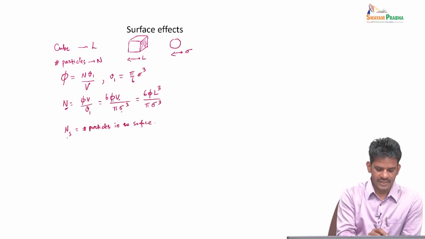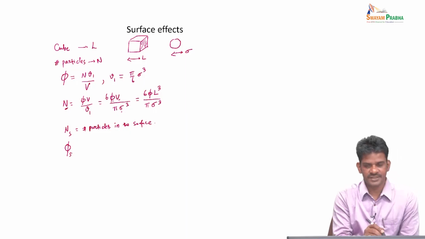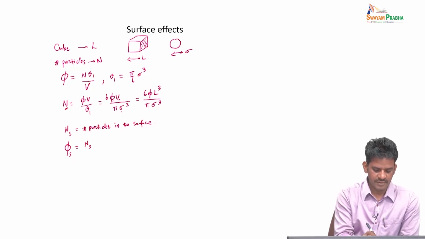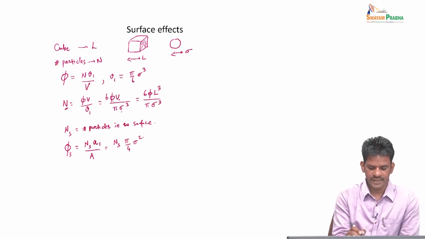And now let's also find out the area fraction, which I call phi_s. That's basically surface fraction. That is equal to the number of particles on the surface times the area of one particle divided by the total area. So NS is as such. So A1 can be written as pi by 4 sigma square.